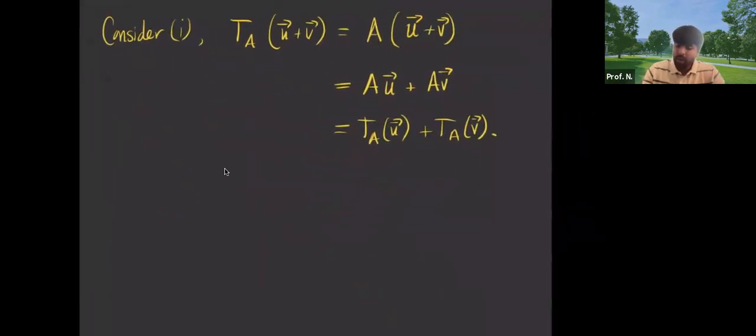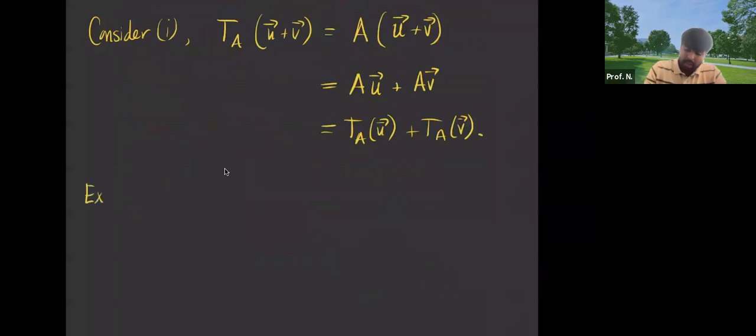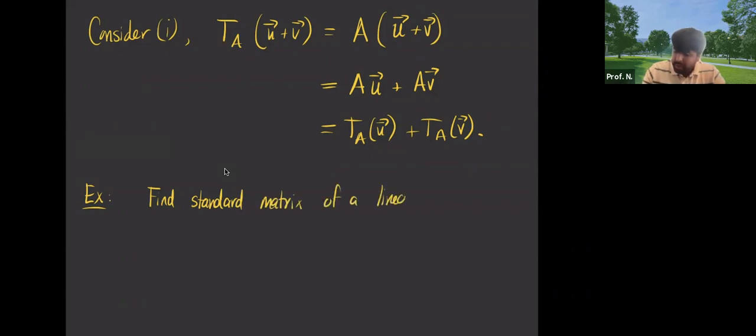And let me do one quick example and then I'll be out of your hair. So an example of this: I want to find what's called the standard matrix of a linear transformation. And T goes from R2 to R3.